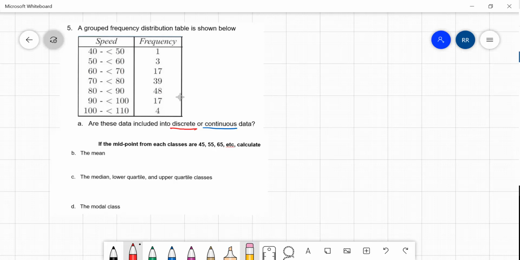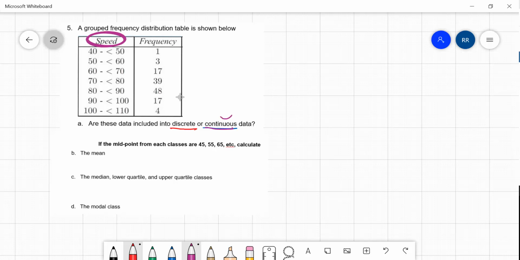For example, your height is also a continuous data, right? Your height can be, okay, my height is 165 centimeters. It doesn't mean that it's exactly 165. Maybe add 1 millimeter, like 165.1, right? So that is what we call continuous data. So which means that here, speed is included in continuous data.